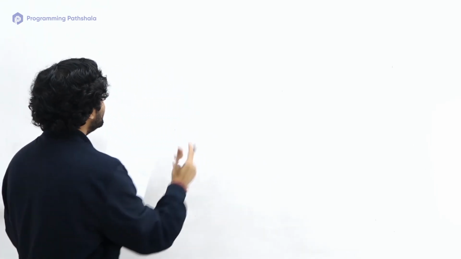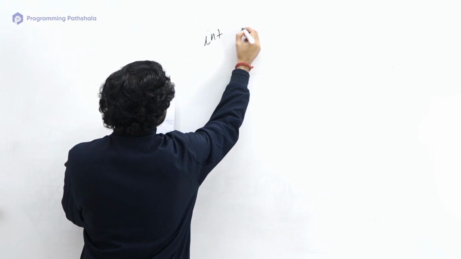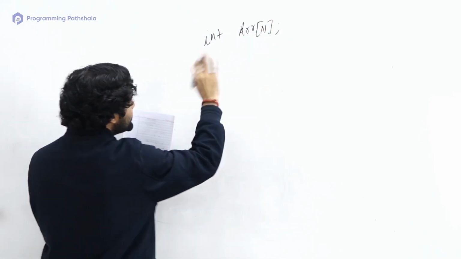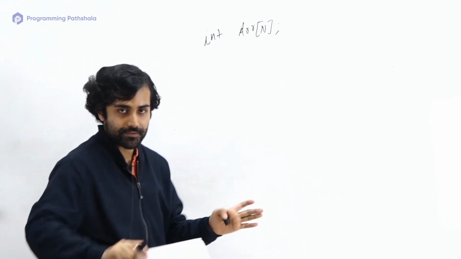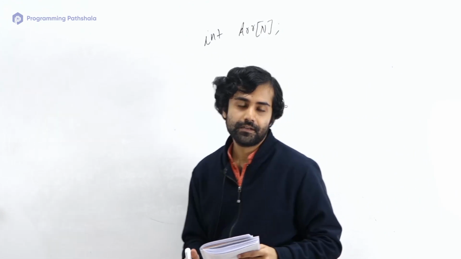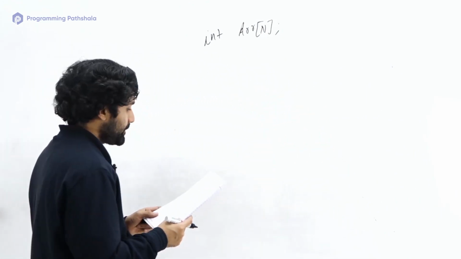Once again, I'm going to give you an integer array containing n elements. Now this is not sorted. Previously, in the previous problem, your input was sorted. Here it is not sorted.